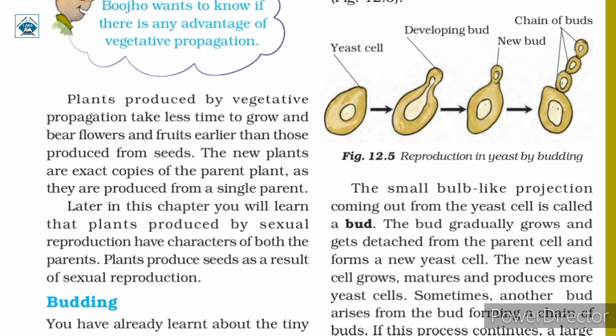When we discuss sexual reproduction in plants, we will understand that seeds are produced as a result of sexual reproduction in plants. Also, when a plant is produced by sexual reproduction, it will have the characters of both the parents.